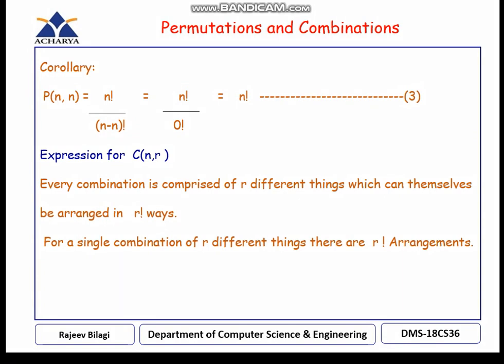With that, I can write P(n, n), that is n factorial divided by (n minus n) factorial, which is equal to n factorial divided by 0 factorial. Since 0 factorial is 1, it will be n factorial.